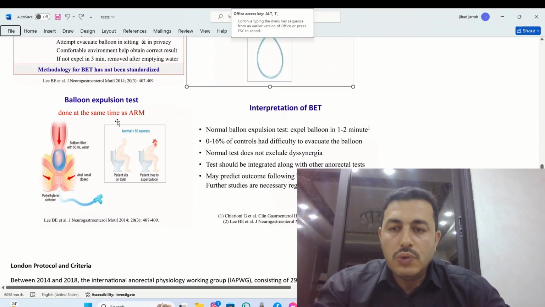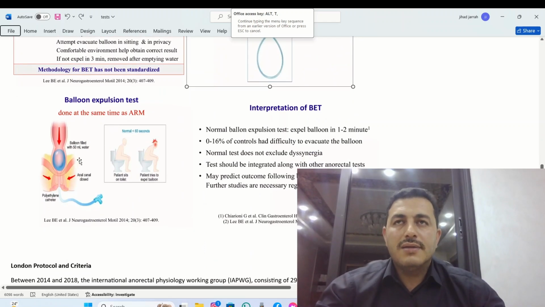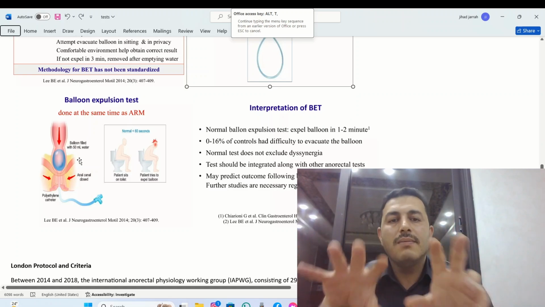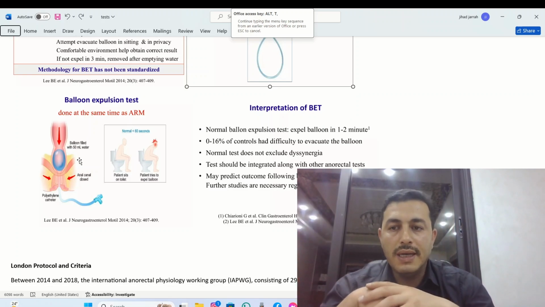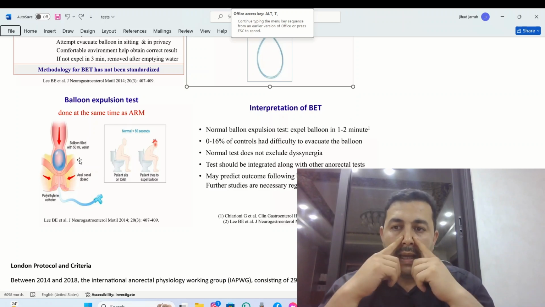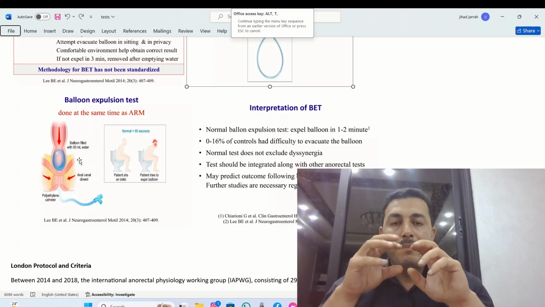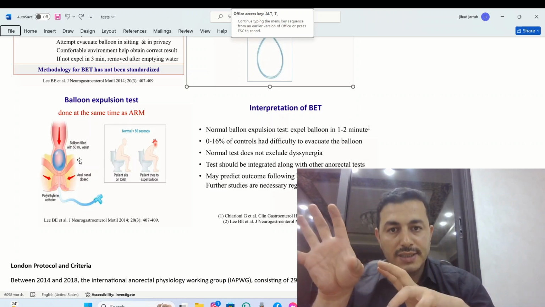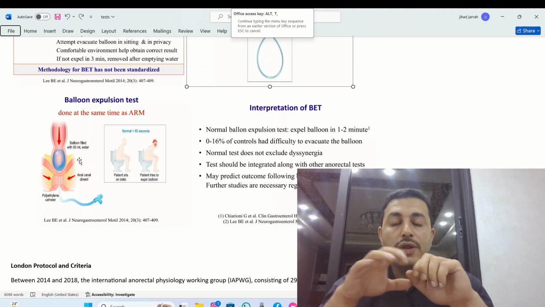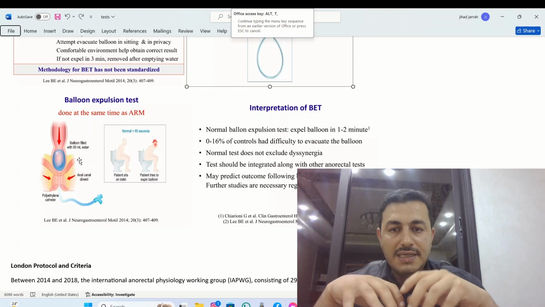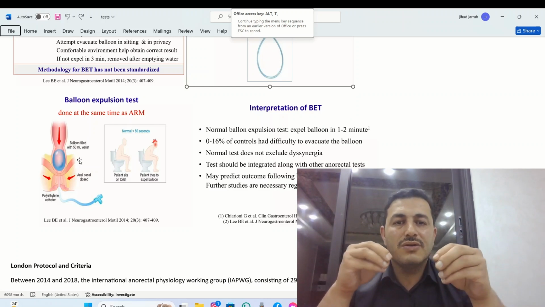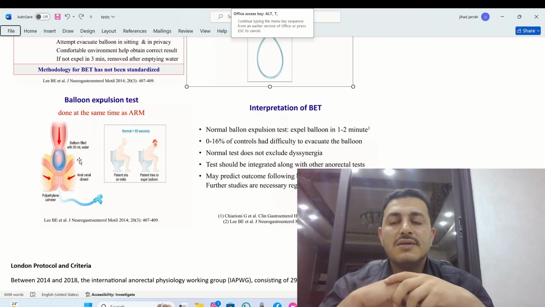It has no relation to anal manometry, but it's done at the time of doing anal manometry. We insert a balloon inside the rectum of the patient and fill it with 50 cc of water, approximately until the desire to defecate starts.